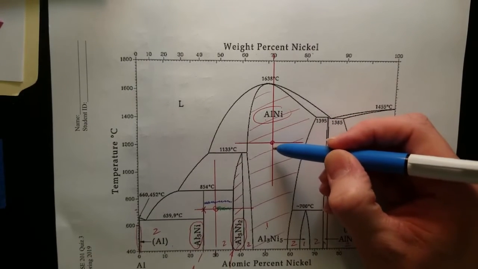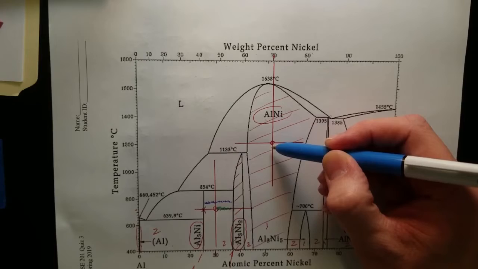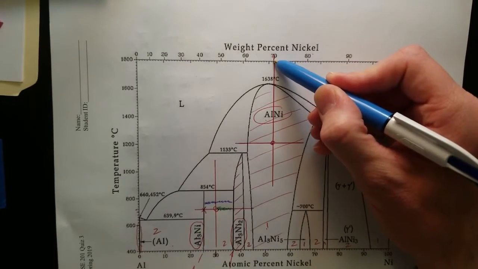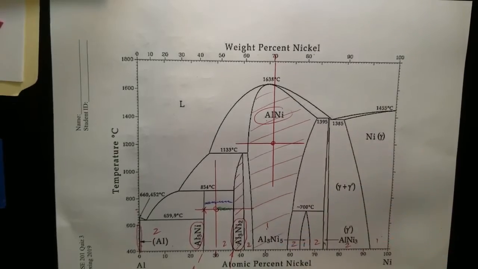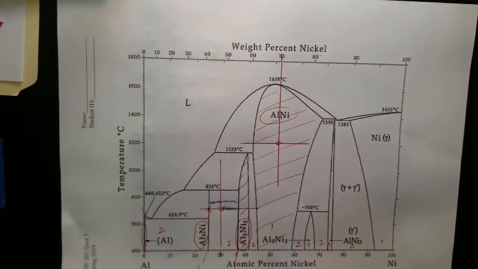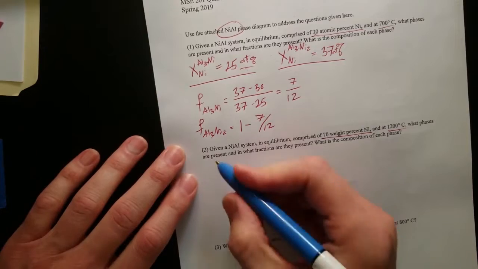And we ask, okay, what composition is our system? Well, it's 70 weight%. If you really feel the need, you can come down here and it's like 51 atomic percent. But you don't really need that.